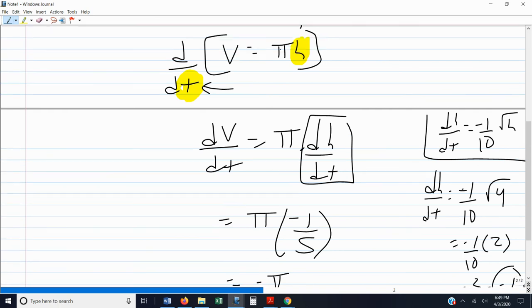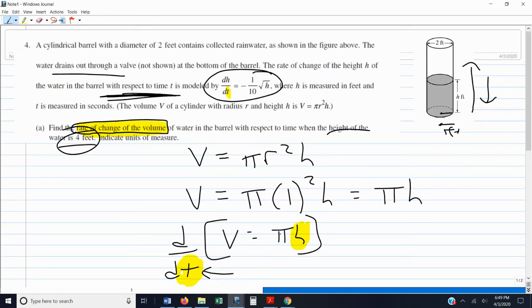Finally, they asked for units in this question, indicate units of measure. If you think about volume, think about what the units for volume would be. And I think you guys know that it's a cubic unit, so feet cubed. And then when you take the derivative, remember how we were talking about this towards the end of our meeting time at school?